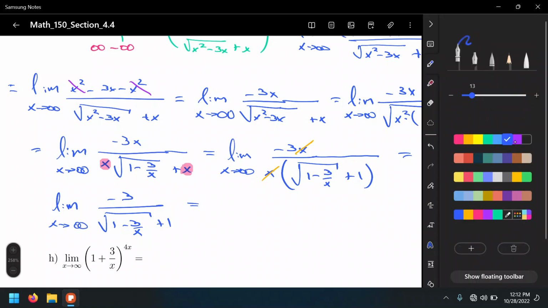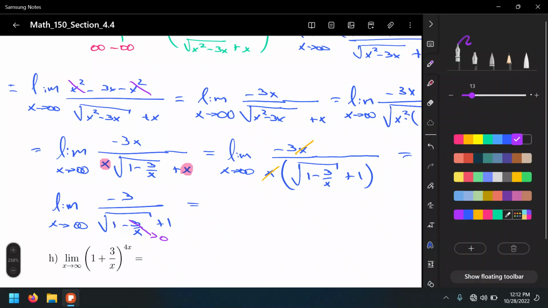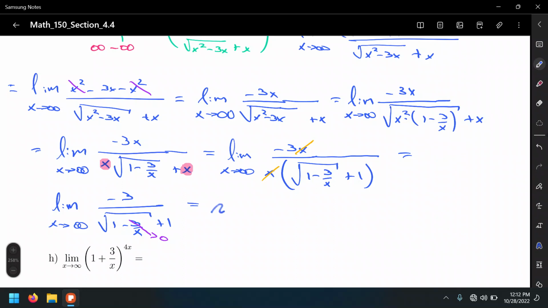Well, number one, this term right here, where is it going to go for x going to infinity? 0. Well, that's going to leave us with the square root in the denominator of 1 minus 0, plus 1, with a negative 3 at the top.